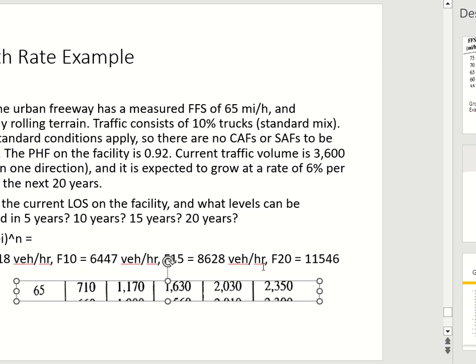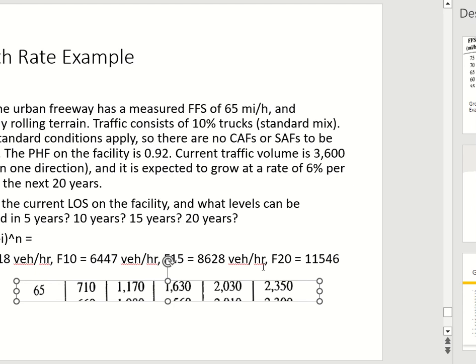So for converting volume to flow rate, we were dividing by peak hour factor, number of lanes, and FHV, right? For converting flow rate to volume, I will multiply. So all these values will be multiplied by peak hour factor, number of lanes, and FHV.